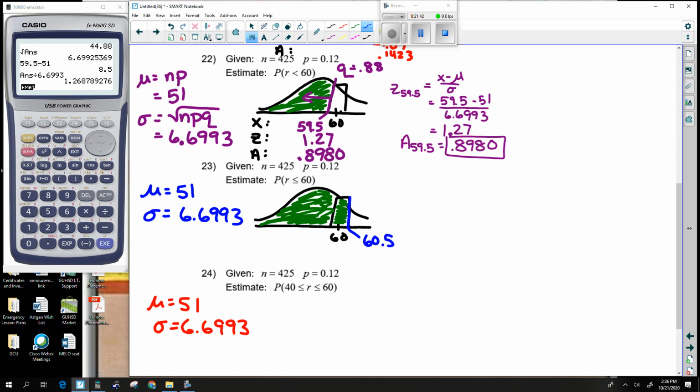Again, when I find this area, it'll be the area to the left, which is exactly what I want.